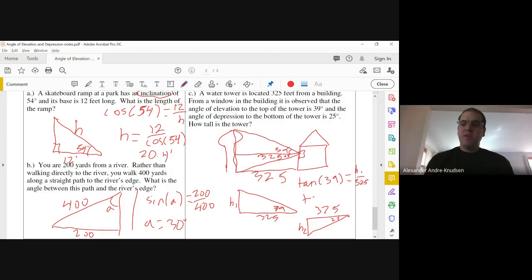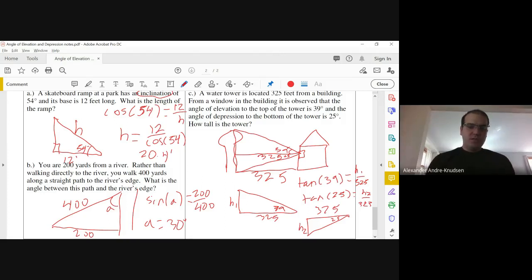And this will be the same thing. Tangent of 25 equals our second height over 325.